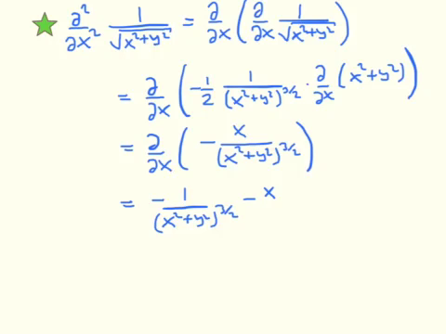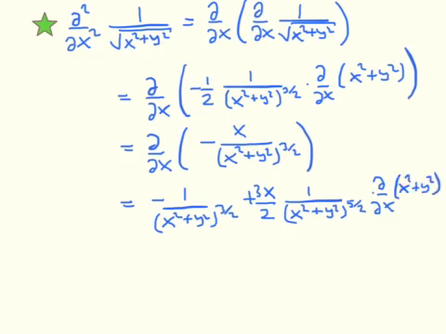Minus times minus is plus, so that's going to change this into a plus sign, and we'll put a 3/2 factor here. We then have x squared plus y squared to the minus 3/2 minus 1, and that is minus 5/2. So that's 1 over x squared plus y squared all to the 5/2. And this is then multiplied by d by dx of the argument x squared plus y squared.